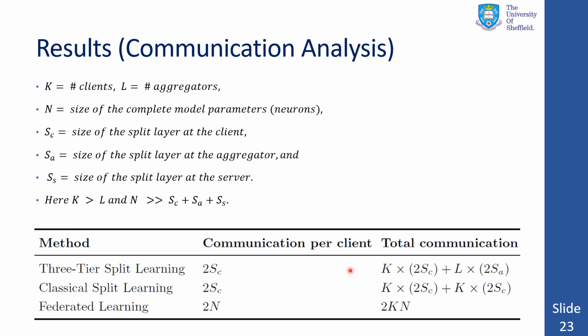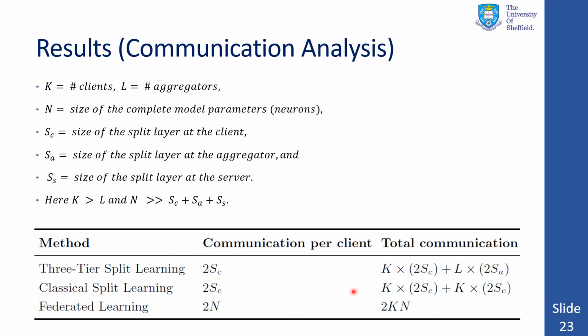So instead of using the intermediate layer as a relay, as in the classical split learning, we're using it as an aggregator where we aggregate all of the clients' outputs into a single input.